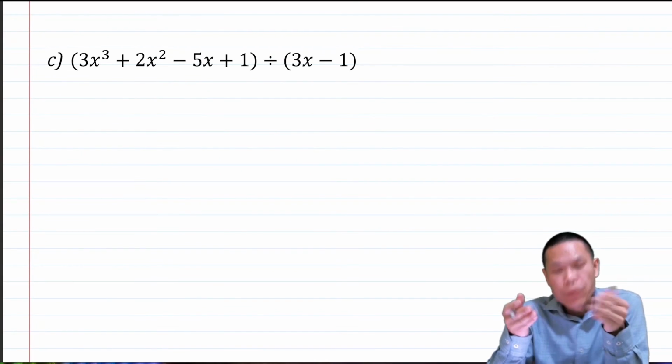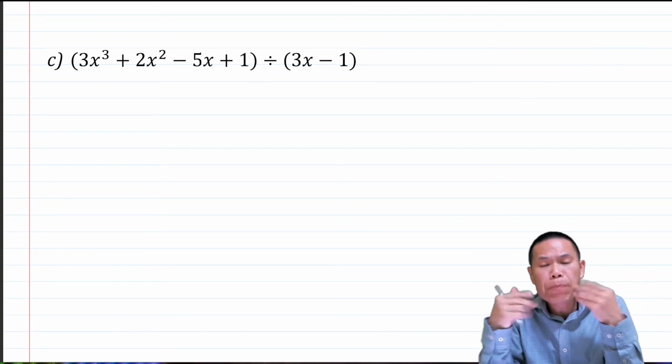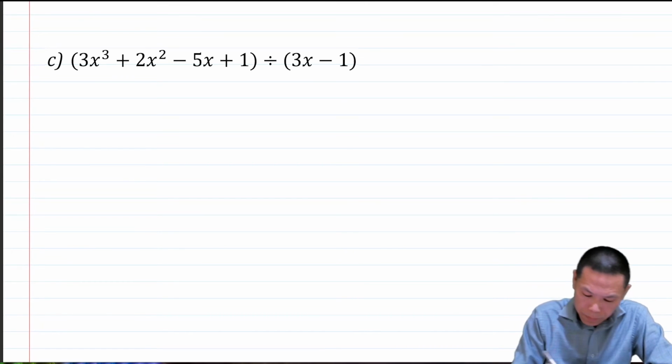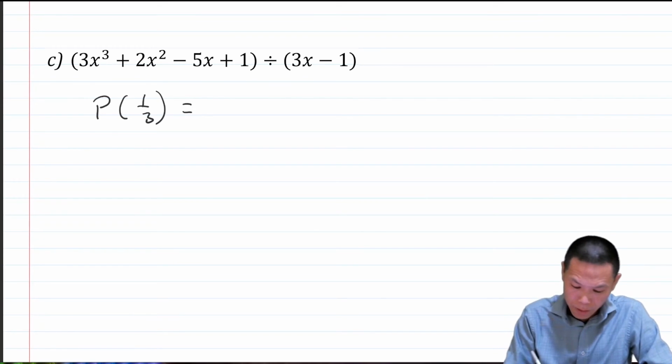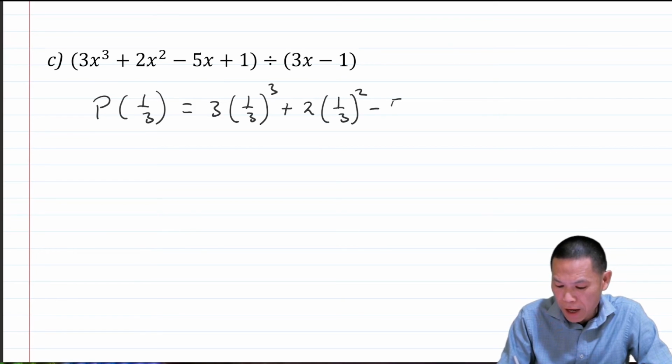Now, last one. So again, all we need to do is find p of 1/3, right? So p of 1/3 is equal to 3 lots of 1/3 to the power of 3 plus 2 lots of 1/3 squared minus 5 lots of 1/3.